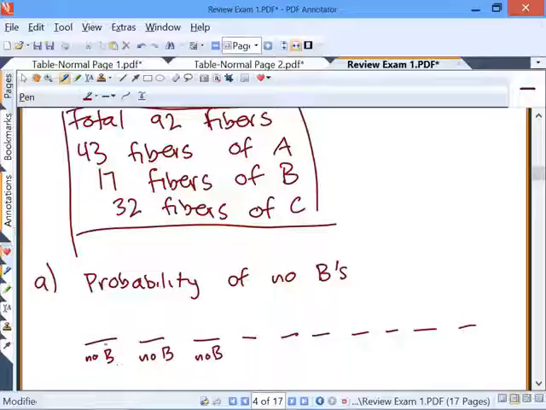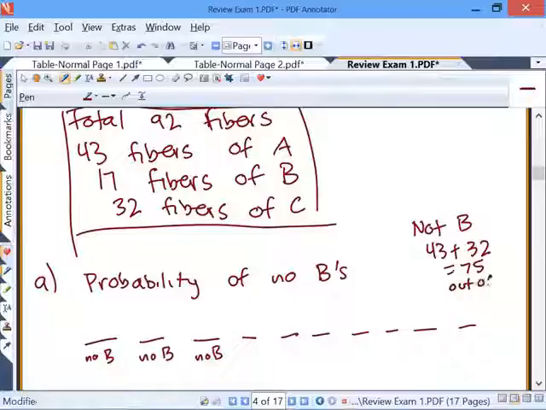Okay, so on the very first one, what is going to be the probability of getting something that is not B? Not B is 43 plus 32, 75 out of our total of 92. So for my very first draw, to get a not B, there are 75 possibilities out of 92.